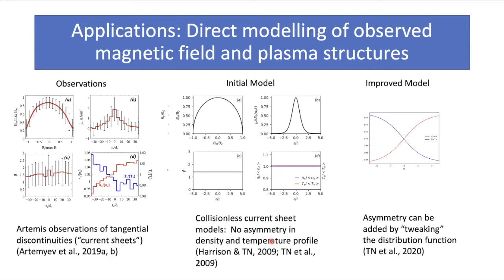But based on an idea that I think Ivan had, we could come up with an improved model where you tweak the distribution functions a little bit, and you get the same variation, or similar variation, at least across the current sheet, of the density and the temperature, and that can maybe serve as a first order model for these structures at a kinetic level.